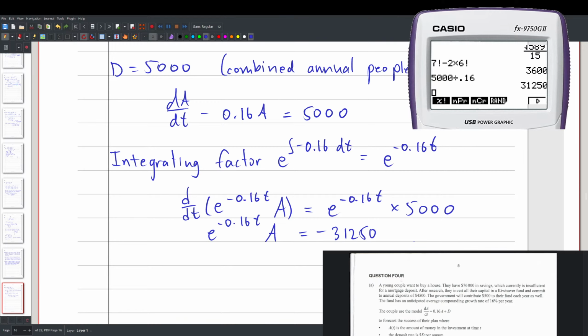It's hella sus, bro. So I'm just doing the integrating factor thing. Why is it negative?